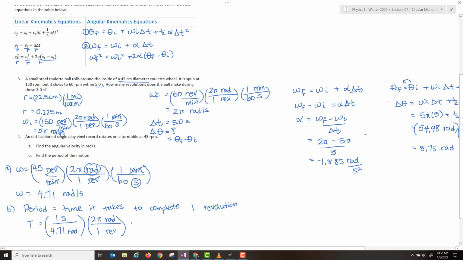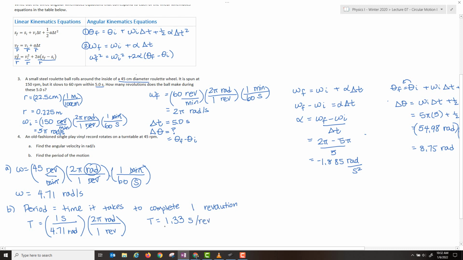So if I type this on my calculator, I get that my period is 1 times 2 pi divided by 4.71, and that gives me approximately 1.33, and that would be seconds per revolution.